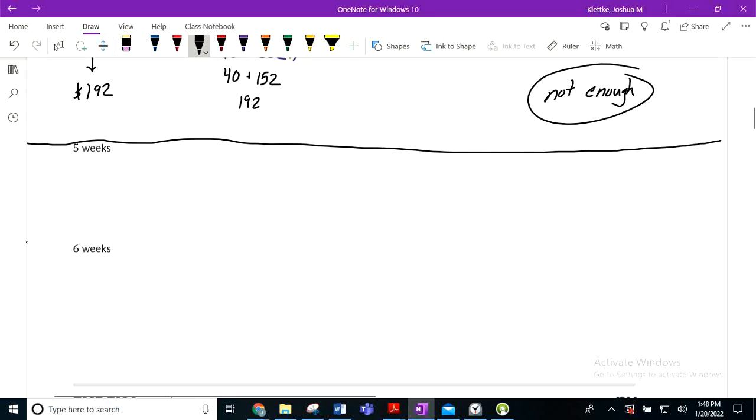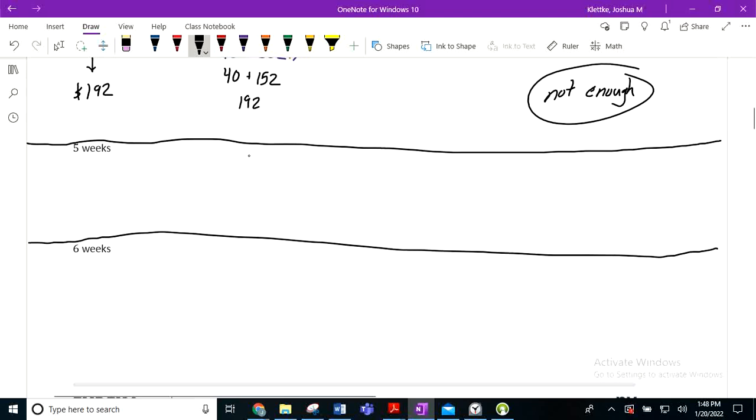All right, you can definitely find out number 5 now. Number 5. After 5 weeks, you just do 40 plus 38 multiplied by 5. $38 times 5 gives us 190.